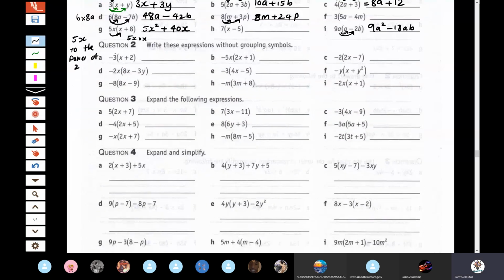Times negative 3x. And then what's negative 3 times positive 2? What's negative 3 times 2? Negative 6.